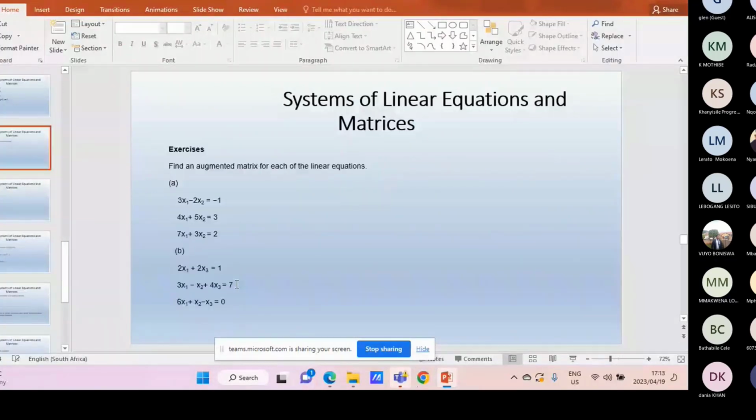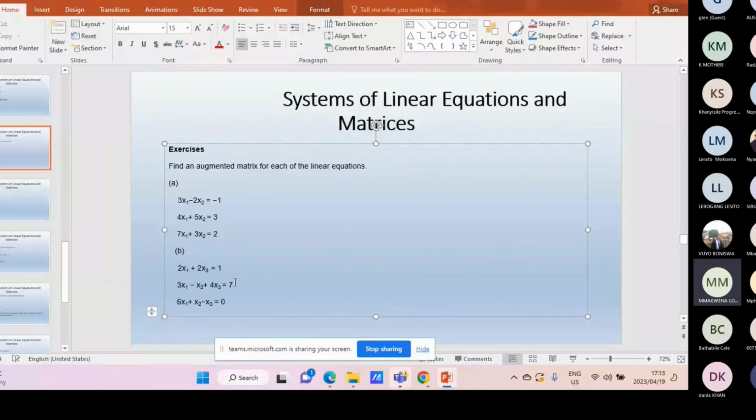Exercise B, this one. You see my screen? Yes, I can. What did you get? My x1 is -1/2, x2 is -4, x3 is 1. So I don't know what I was doing wrong.